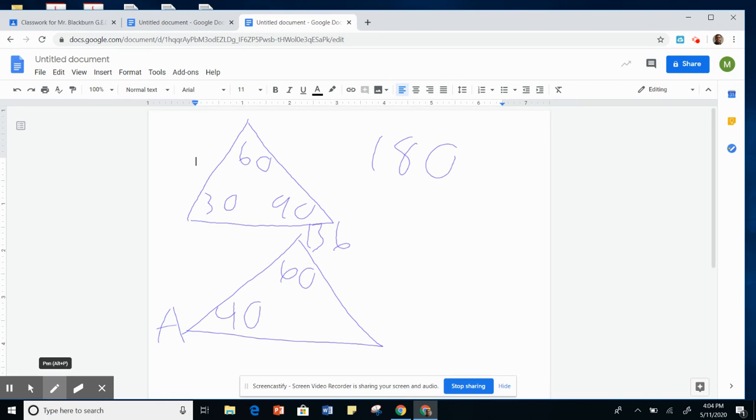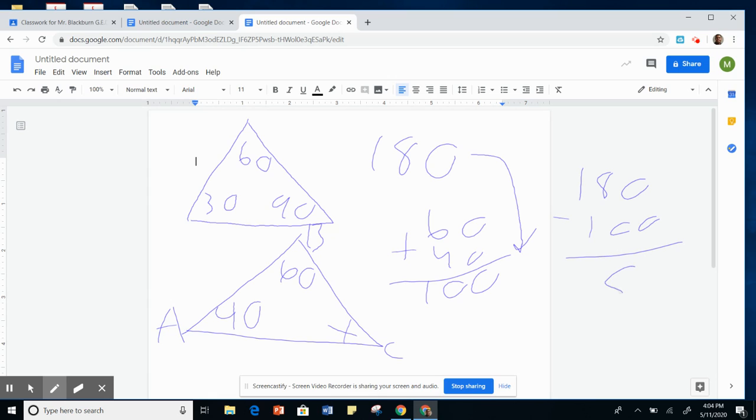And you want to find out what is the measure of angle C. One, you could just simply add 60 plus 40. 6 plus 4 is 10, and that gives you 100. Since you now know it has to equal 180, you could simply do 180 minus 100, and that will give you 80. So x is equal to 80.